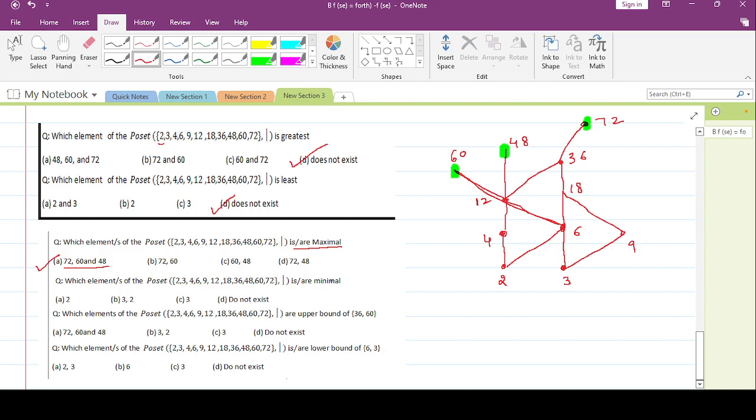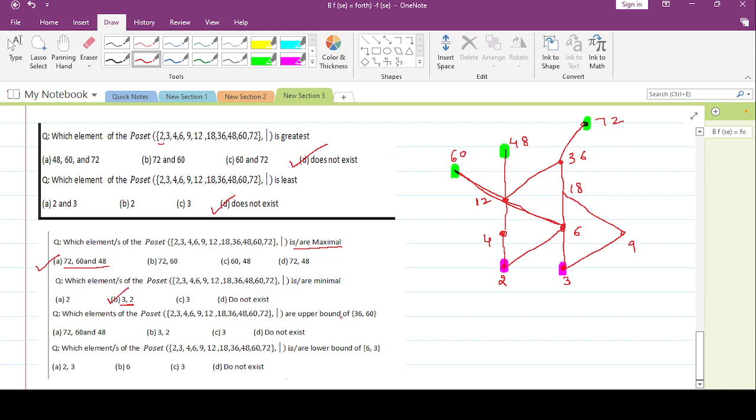Now what are the minimal elements? Minimal elements are found at the bottom of the diagram, and below them you cannot find any element which is in relation with them. So 2 and 3 are those elements below which we do not have any other element. So the minimal elements here are 2 and 3.